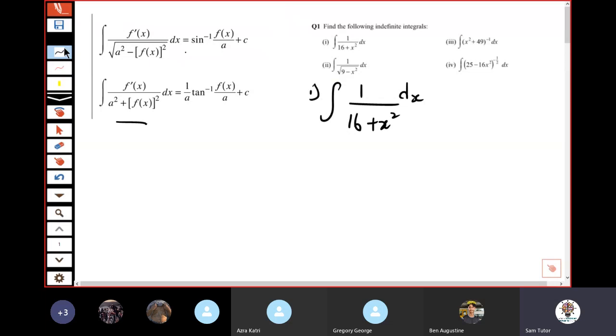The first bit is going to be good revision. It's just substitution, which is what we did a few weeks back now in Extension 1. After substitution, it's more substitution and then partial fractions. All right, cool. Something new.